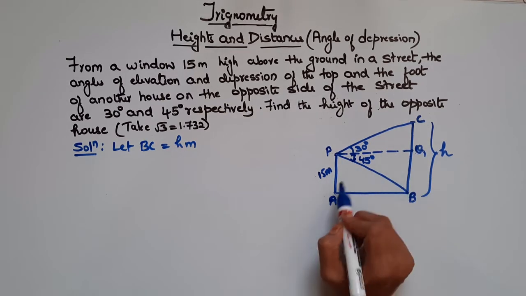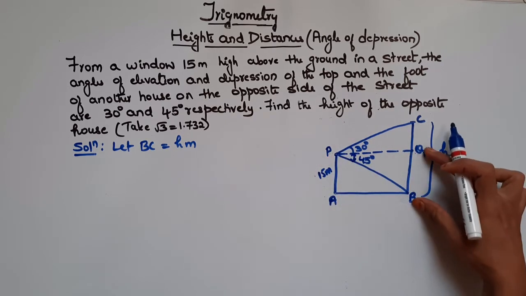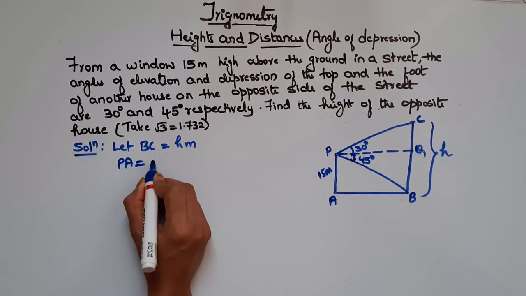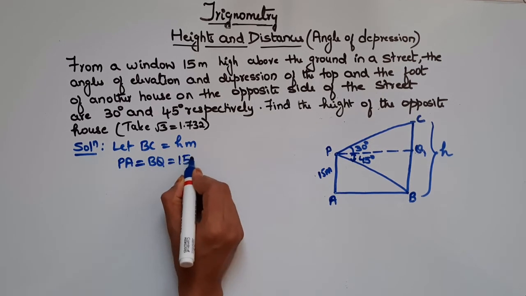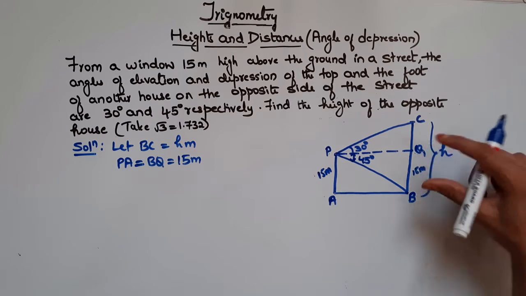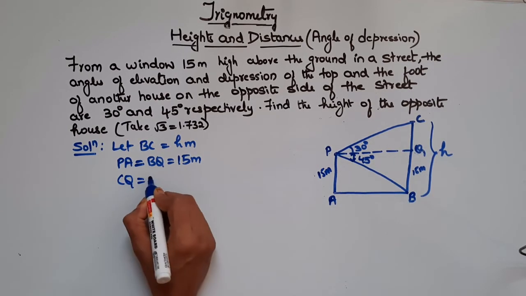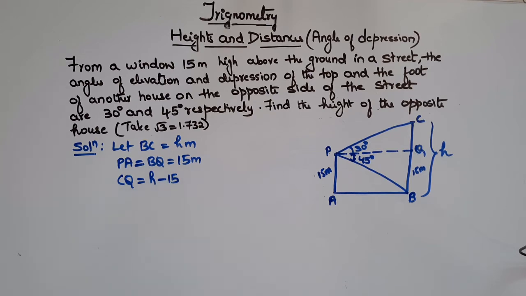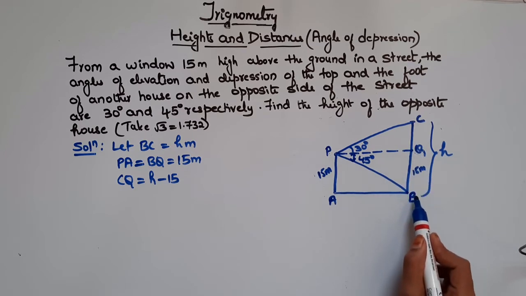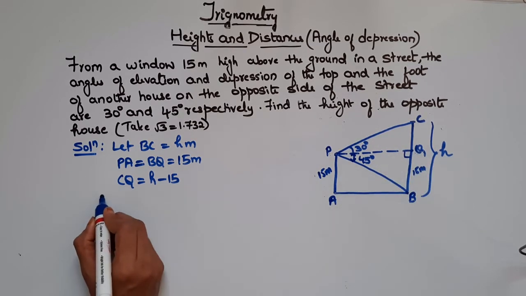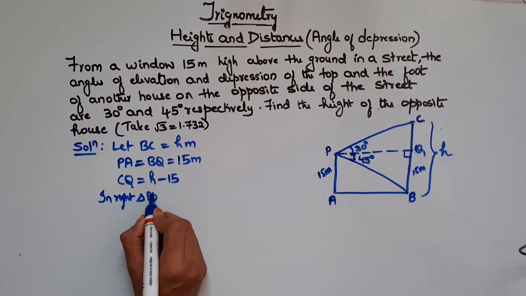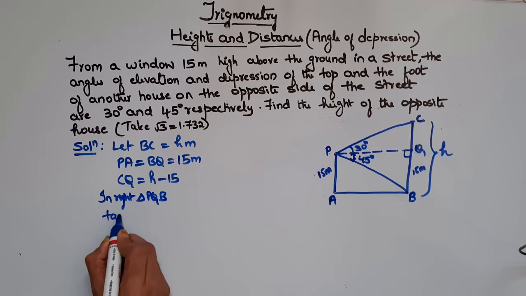So now if you see the diagram, here PA is equal to BQ, right? So let's write that. We have PA is equal to BQ, which is equal to 15 meters, right? Now what is CQ? CQ is h minus 15. So we have CQ is equal to h minus 15. Our aim is to find h. Now in a diagram we have PQB is a right angle triangle, right? So in right angle triangle PQB, what is tan 45 degree?